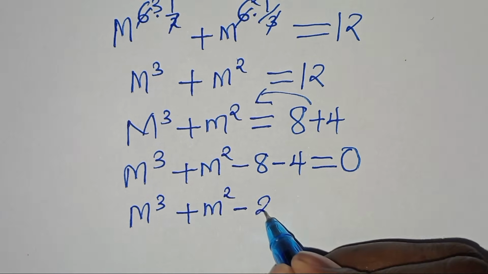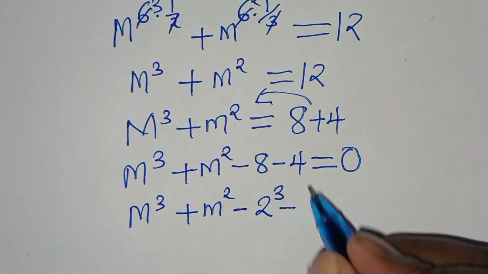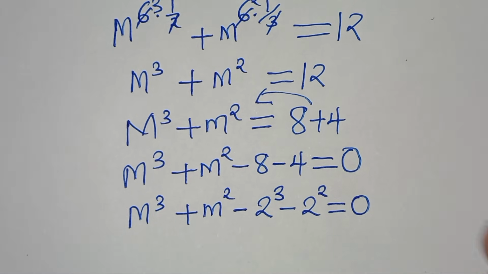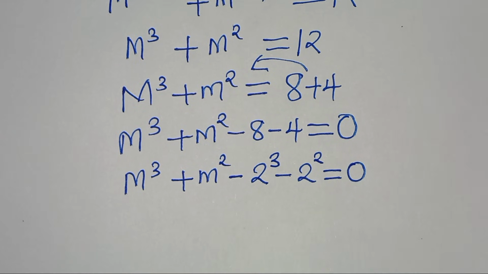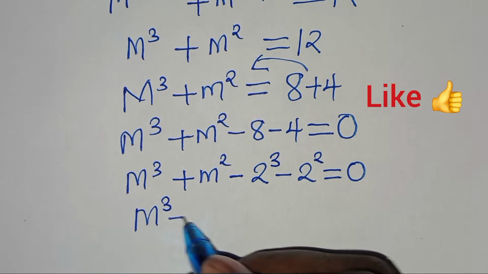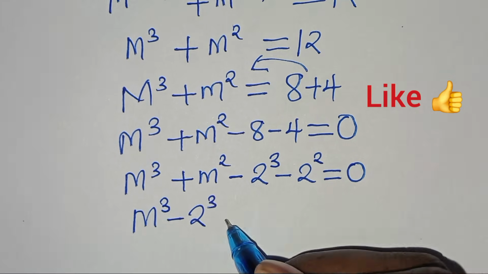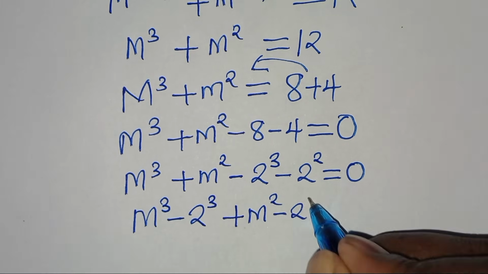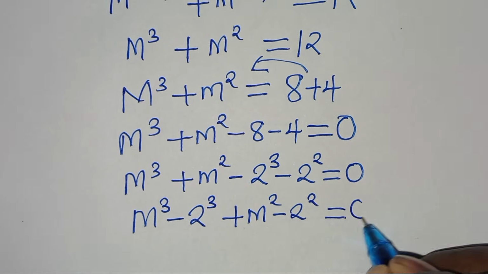Subtract 8, which is 2 to the power of 3. Subtract 4, which is 2 to the power of 2. This is equal to 0. So this is m to the power of 3 subtract 2 to the power of 3 plus m to the power of 2 minus 2 to the power of 2. This is equal to 0.